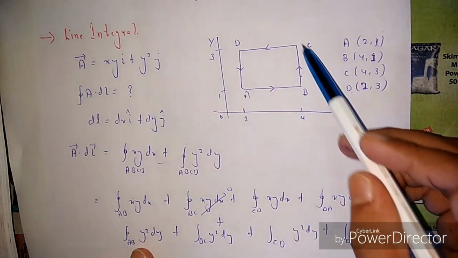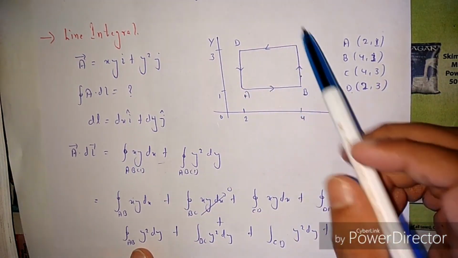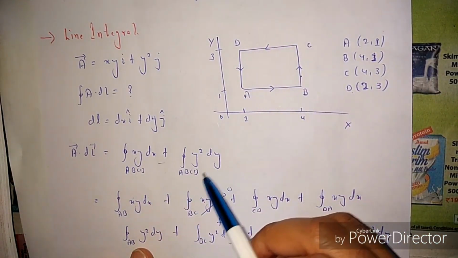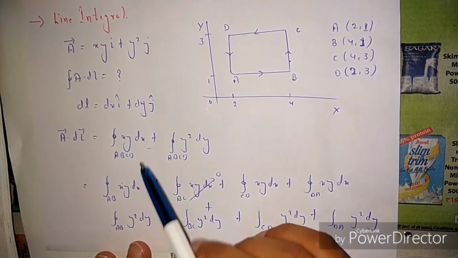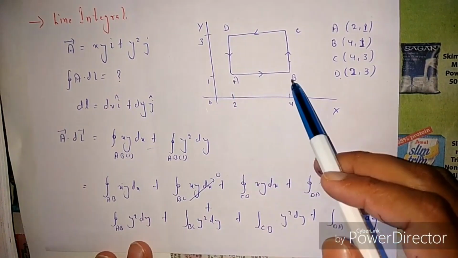Substituting the values and solving, we get for the closed path ABCD the integrals for four paths: AB, BC, CD and DA.